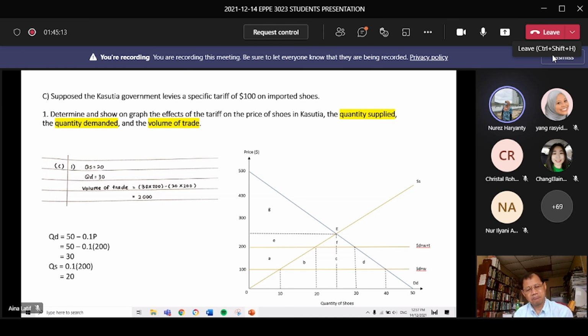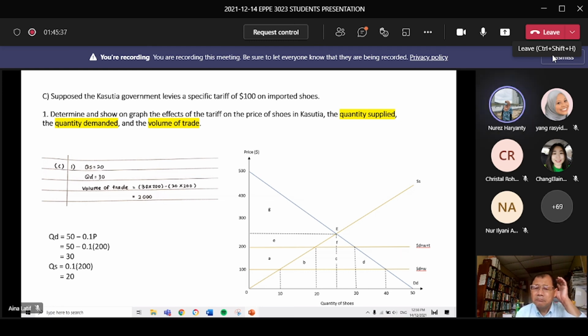And for the quantity demanded, you get 30, the intersection of the straight line at 200 and the demand curve. For the value of trade, it is 2000, because it goes from 20 until 200 and 30 until 200, the shaded area.